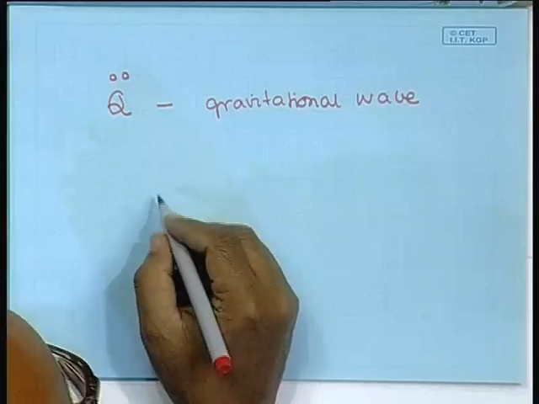So, you could have, for example, if I wave my hands like this, there will be a change in my quadrupole moment, but the gravitational waves produced by this change are going to be negligible. But there are astrophysical situations where we have stars.